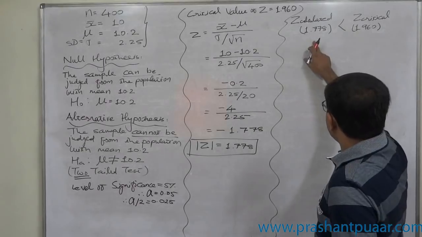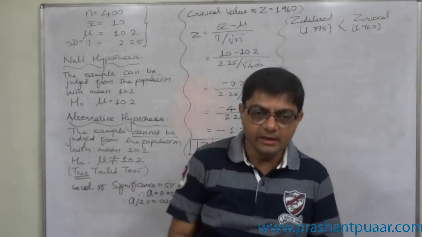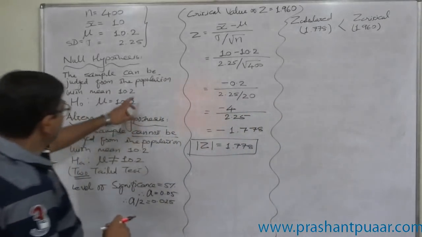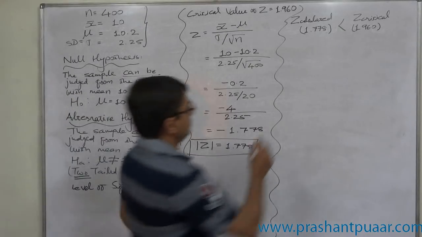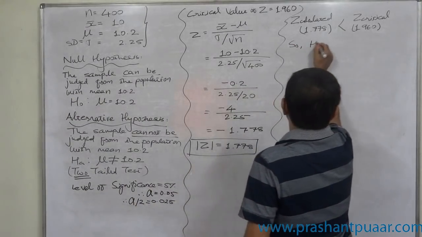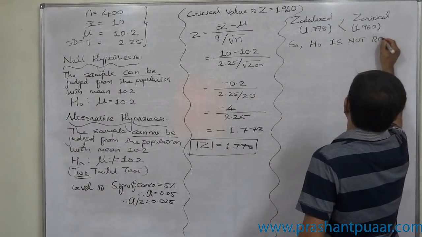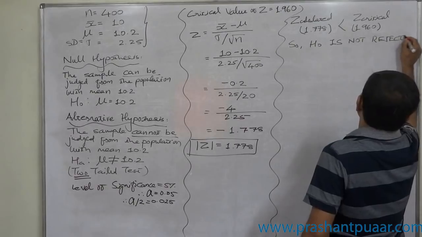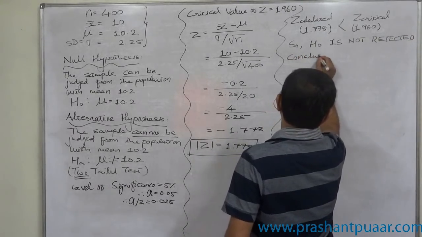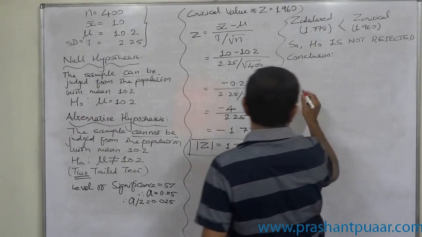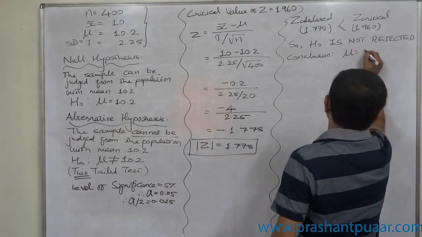If the calculated value of the test statistic is less than the critical value, then we can conclude that the null hypothesis cannot be rejected. So the null hypothesis is not rejected in this case. Let us first write the conclusion and then we will go for further discussion. So the conclusion is now mu is 10.